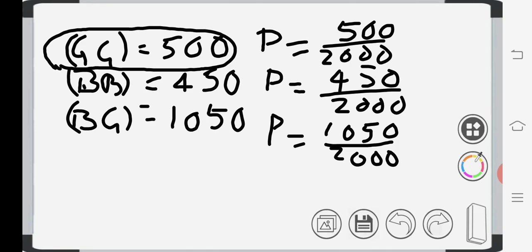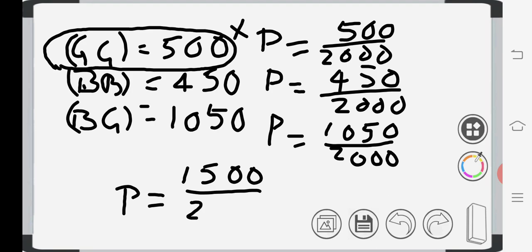Both of them have a boy, only the first has no boy, so we have to avoid the first pair and taking the remaining two pairs and adding we get 450 plus 1050, we get 1500. So probability is equal to 1500 divided by 2000.